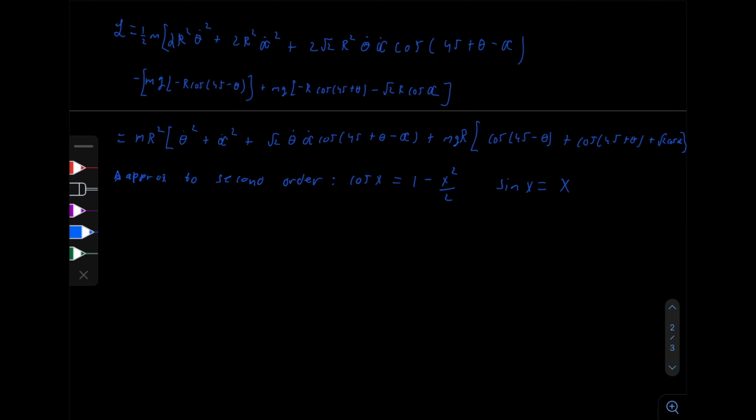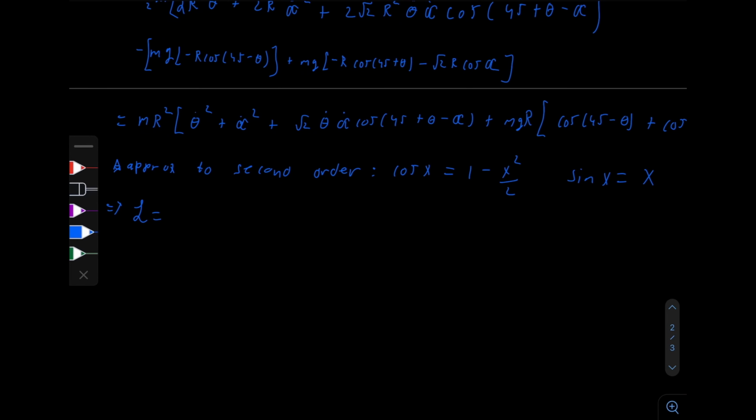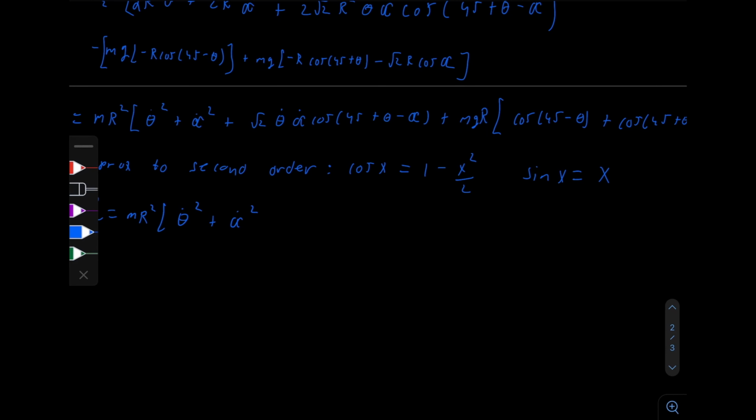Okay, and then similarly, anything that has, so therefore, the Lagrangian is going to be, let's see, mr squared. Theta dot, that can stay. Alpha dot squared, right, because we're taking a second order. So this is also theta dot times alpha dot, that is second order.